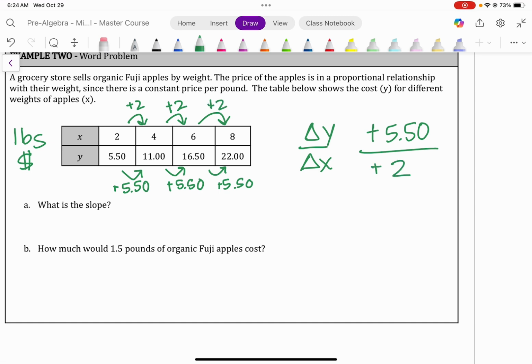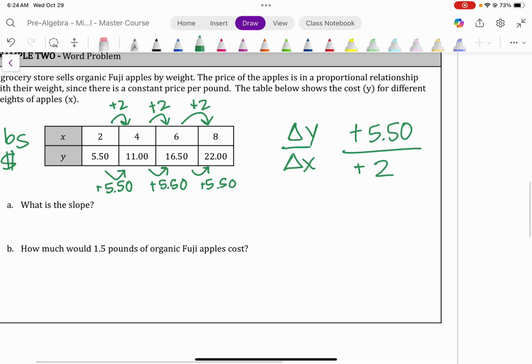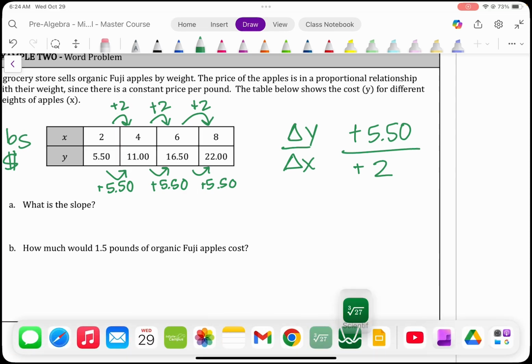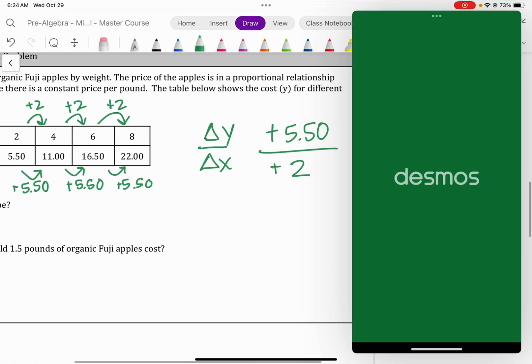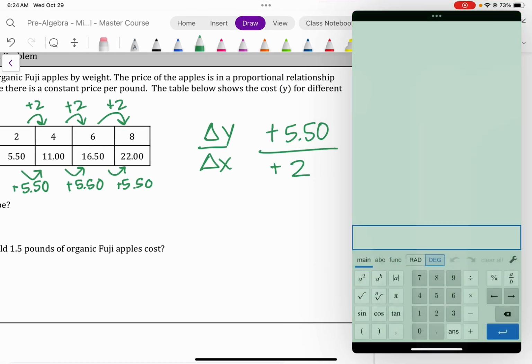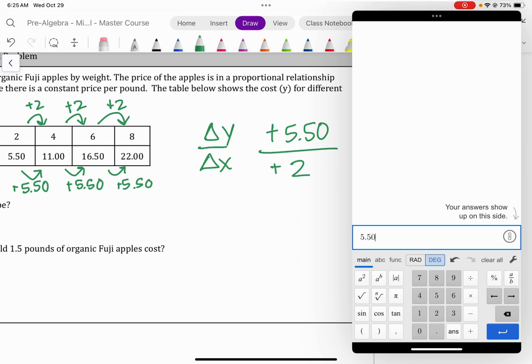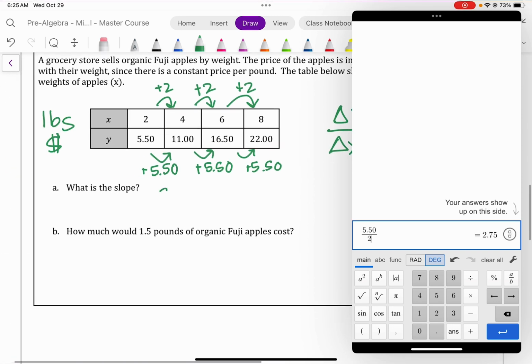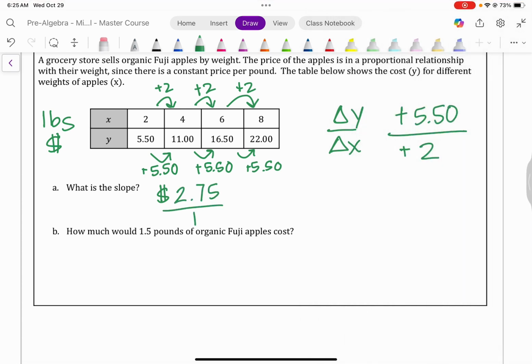So $5.50 divided by 2 should be, what is that, $2.75? Let's double check on our calculator. $2.75. So $2.75 over 1. So the slope is $2.75.